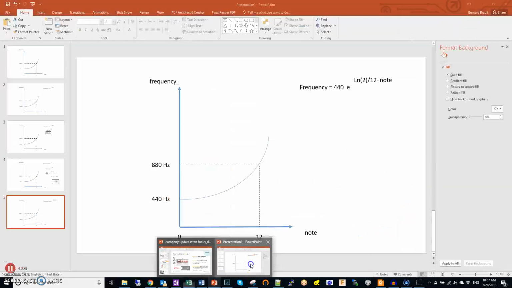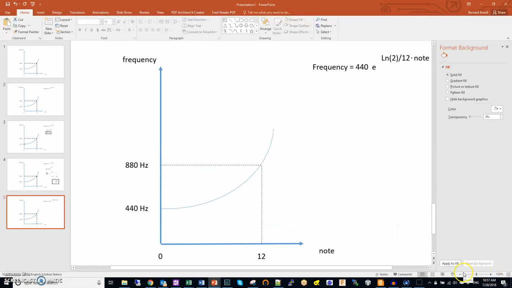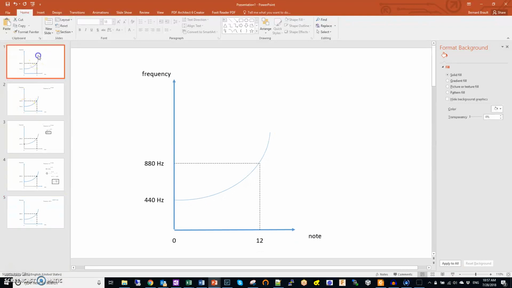So here's the next step. I'm going to make this a little bit bigger. We have the different notes of the scale, and we have the frequency of each one of the notes.